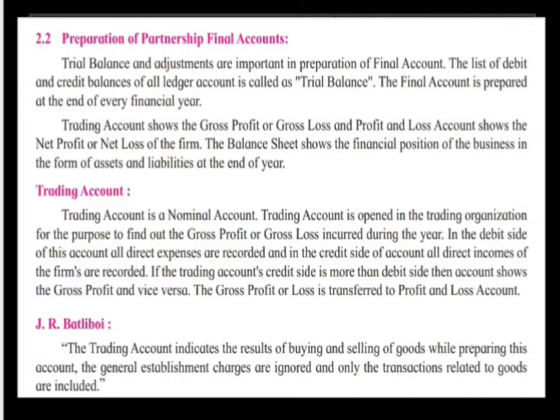The final account is prepared at the end of every financial year. Trading account shows the gross profit or gross loss, and profit and loss account shows the net profit or net loss of the firm. And the balance sheet shows the financial position of the business in the form of assets and liabilities at the end of the year.